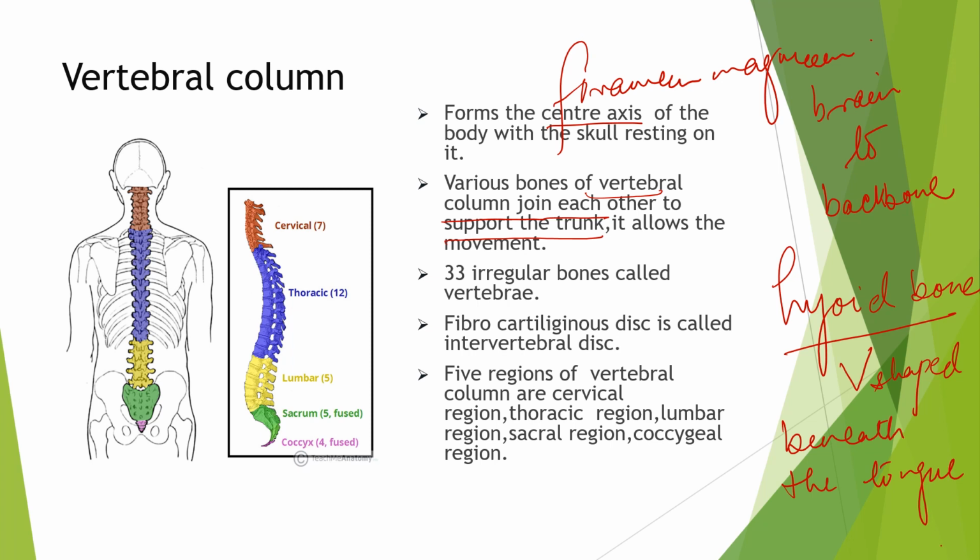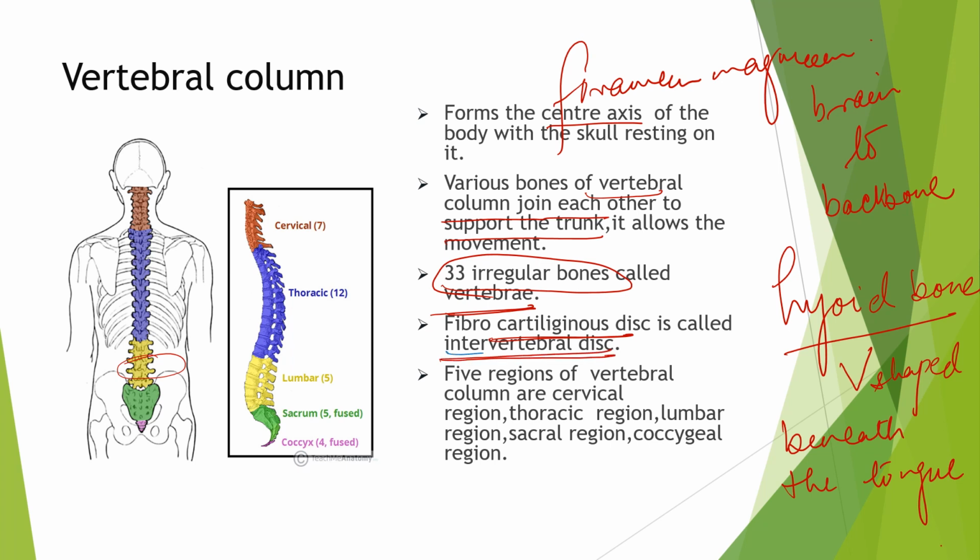So there are 33 irregular bones called the vertebrae, and in between the two vertebrae there is a fibrocartilaginous disc that is called the intervertebral disc. Is it clear to you all?